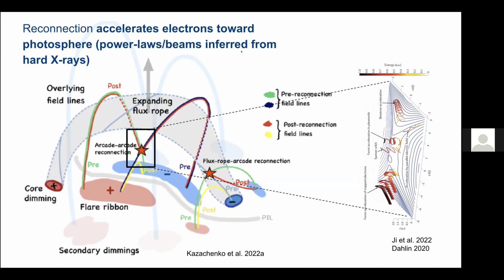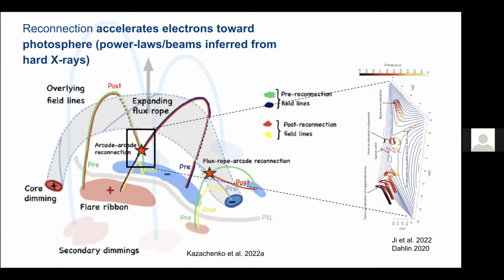Lots of great cartoons. So this is by Professor Masha Kazachenko, who has the same position as me, actually. I really like this cartoon. So here are the flare ribbons, and we're looking at the side now. There is a twisted flux rope here, which evolves into the CME when it can erupt. Under the erupting flux rope, the filament eruption, magnetic fields can reconnect.